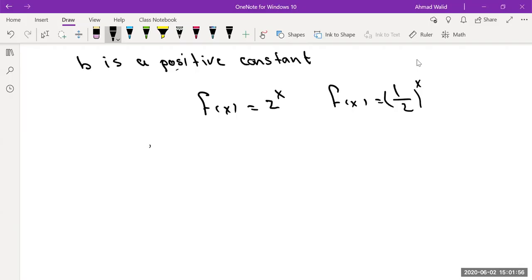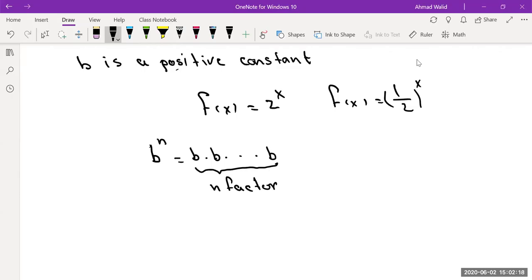Now, when we write b to the power of n, what does it mean? It means b times b times b, you have n factors of b. Correct?